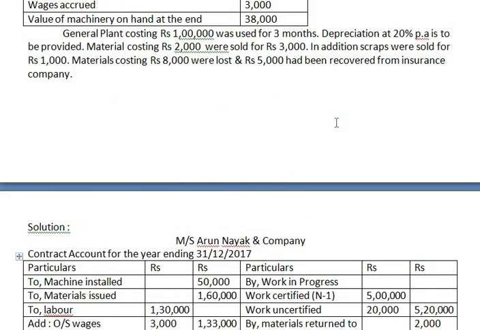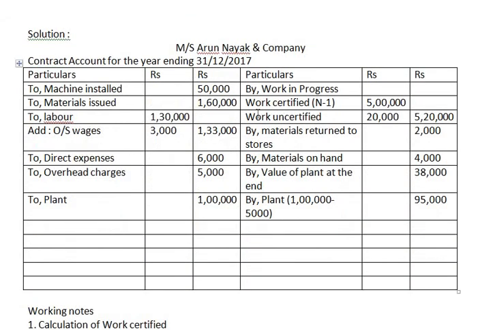Okay, now next is material costing rupees 2,000 were sold for rupees 3,000. Whatever value they have sold for, that we are going to record by materials sold.